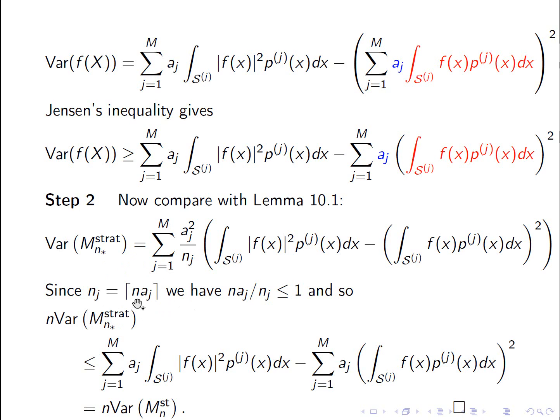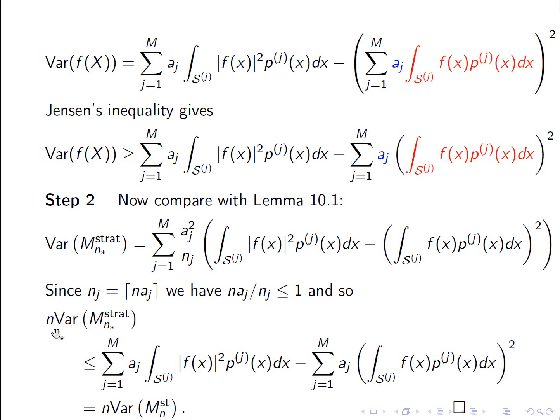So nj is rounding up to the next integer of n times aj. So n times aj is smaller than nj. And so n times aj divided by nj is less or equal than 1. Okay, now we multiply this expression here with n.